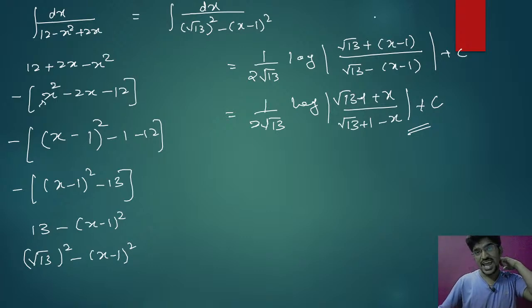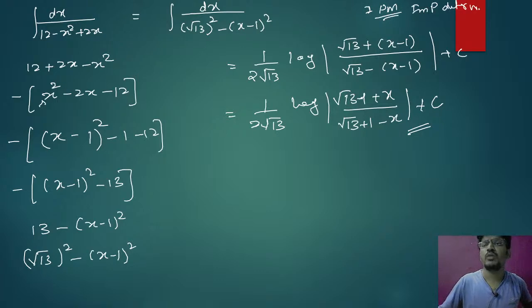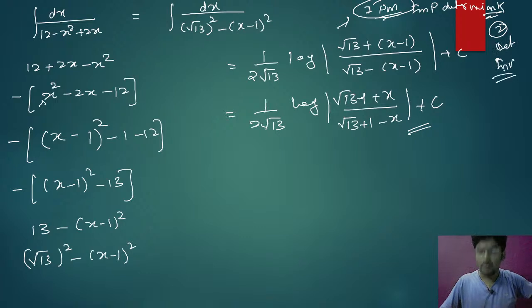So today at 1 p.m. in the afternoon, I have discussed some very important determinants problem for passing package students. So please watch that 1 p.m. video. Today I have solved 2 problems of determinants, finding inverse. How many of you have seen that video?